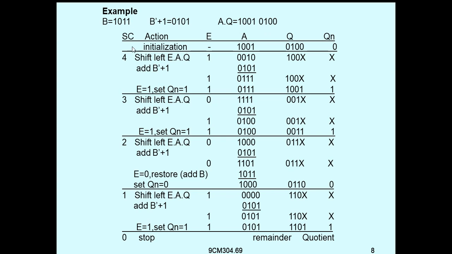I told you already, SC can be set to the number of bits of the B register. So SC is set to 4, and then initialization: E is initially nothing, A is this one, Q is this one. In the AQ registers you are storing the dividend, and Qn is nothing but 0.